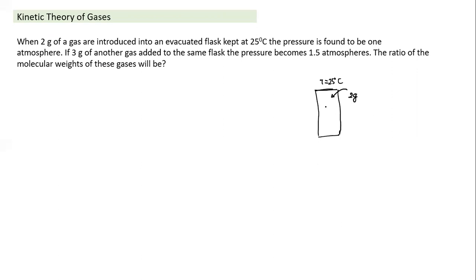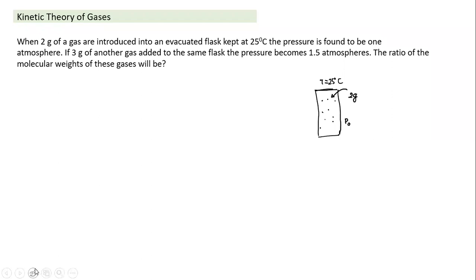The moment we transfer gas molecules, yes, it will experience pressure. Because these molecules have a velocity because of this temperature, and they collide with the wall, it creates a pressure. Initially this creates a pressure equal to 1 atmospheric pressure. Now, if we add 3 grams of another gas, the pressure becomes 1.5 atmospheric pressure.